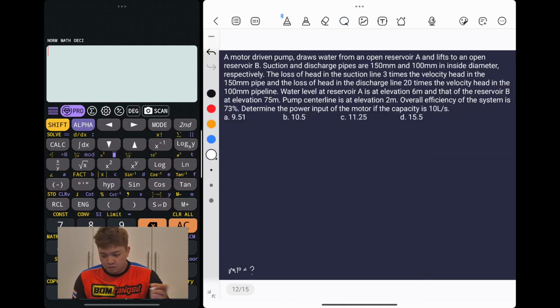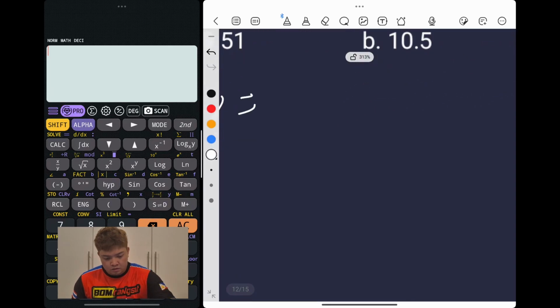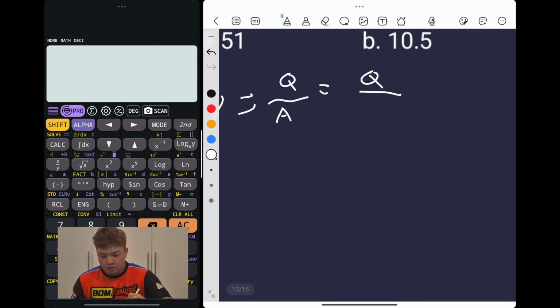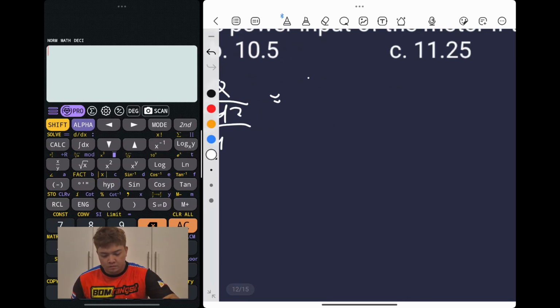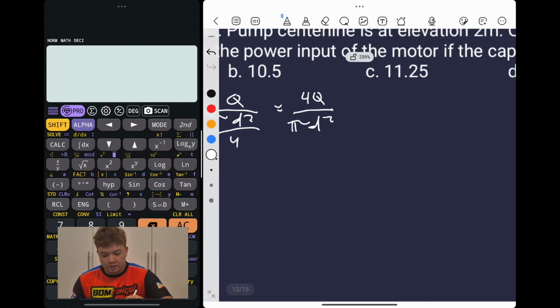Then kunin muna natin yung velocity. V is equals to Q over A, then A is pi D squared over 4. So magiging 4Q all over pi D squared.